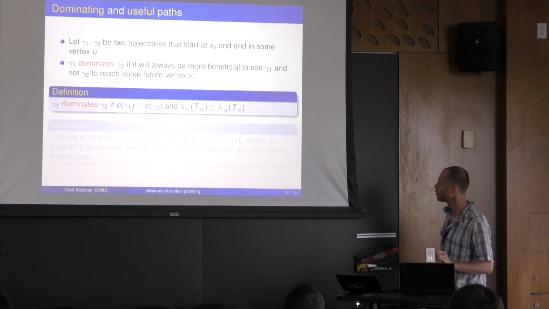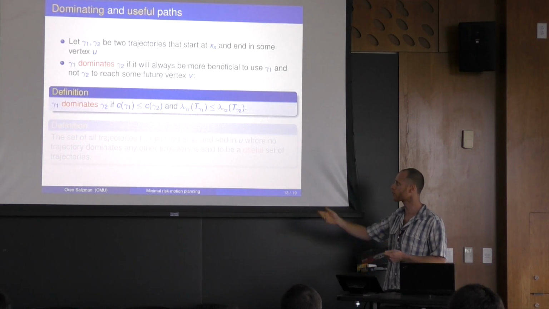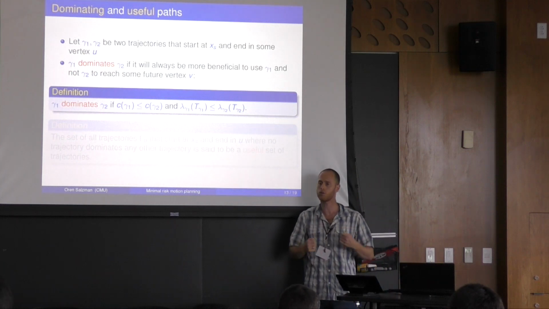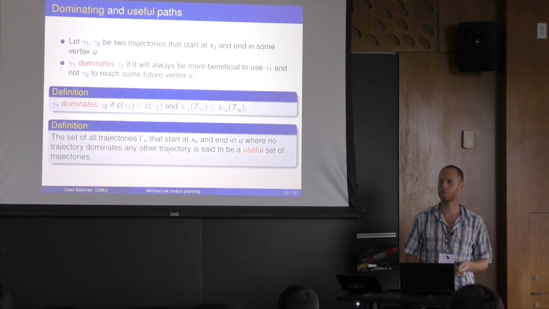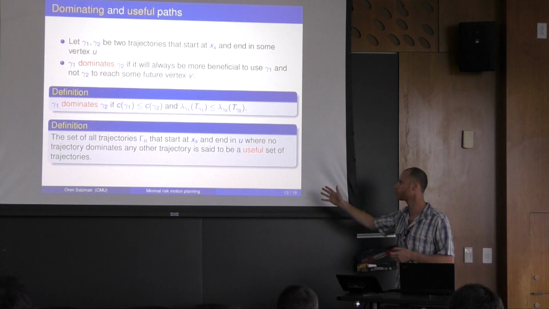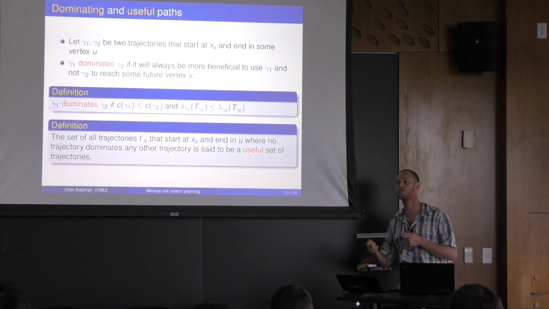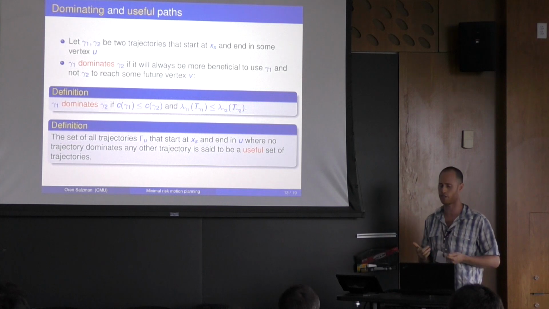Formally, one trajectory dominates the other if its cost is equal or smaller to the other trajectory's cost, and the current exposure time is smaller or equal to the other trajectory's. And using the notion of domination, we can have the notion of a useful set of trajectories. So we say that a set is useful if no two trajectories dominate each other.